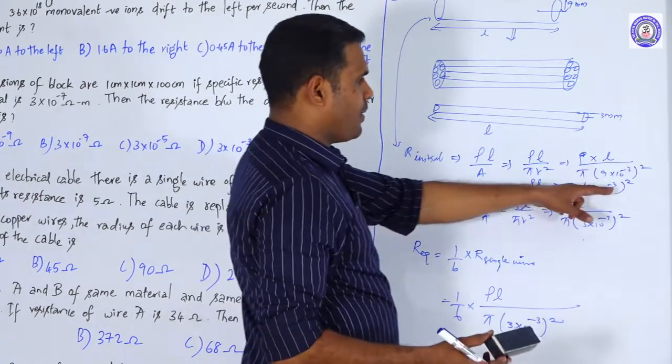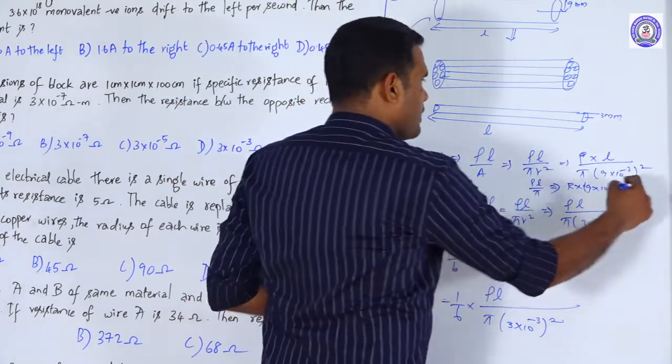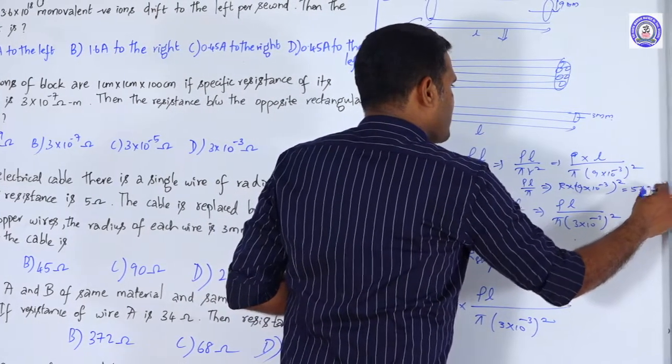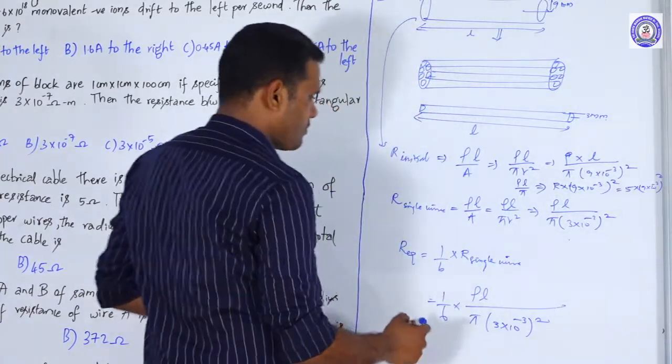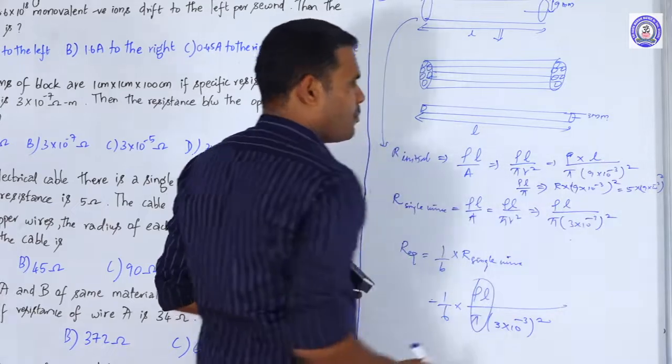R is given 5. So instead of rho L by pi, I can substitute 5 into 9 into 10 power minus 3 the whole square.